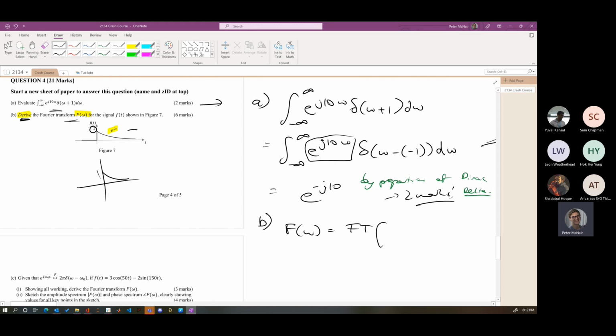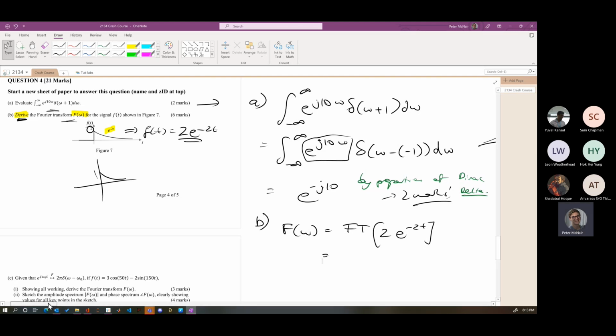This 2 means that actually f of t is equal to 2 e to the minus 2t. It was quite a common mistake. I don't think they marked down for it, but you want to be the people who can spot this and say, actually, that's what that function is. So we're looking at 2 e to the minus 2t. Just little things like that.